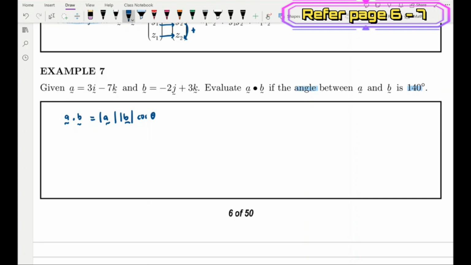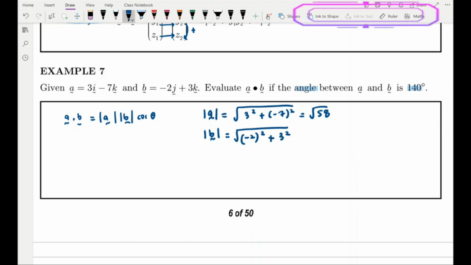So now we calculate the magnitude of A equal to square root of 3 squared plus negative 7 squared. So the answer is square root of 58. And then we calculate the magnitude of B, which is square root of negative 2 squared plus 3 squared.